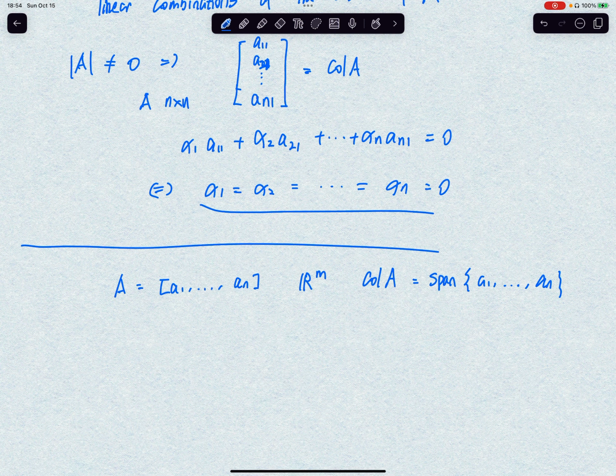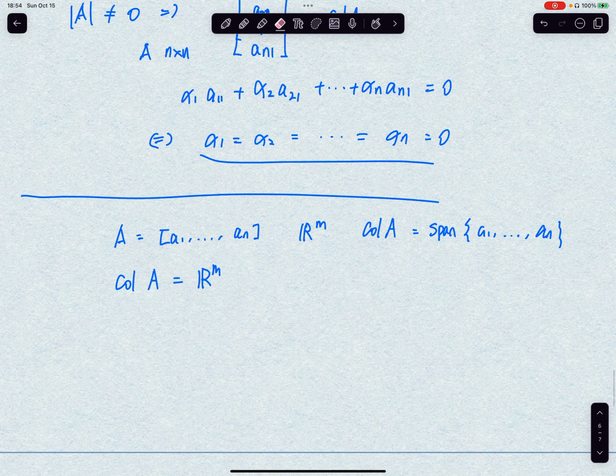And the column space of an m by n matrix, of course, is a subspace of Rm. And note that Col A equals Rm, or it behaves like Rm, only when the columns of A span Rm. Otherwise, Col A is only a subspace of Rm.